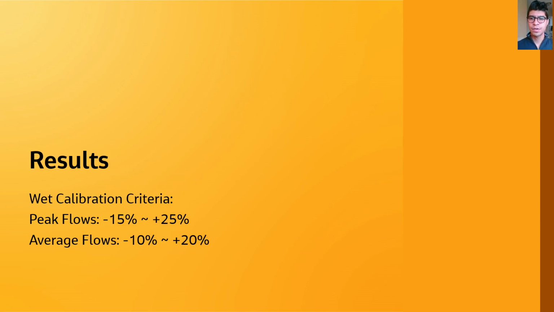So here are the results, but we were trying to calibrate the model in order to meet 2 different criteria: peak flows during a wet weather event to be between -15% and +25%, and average flows between -10% and +20%.